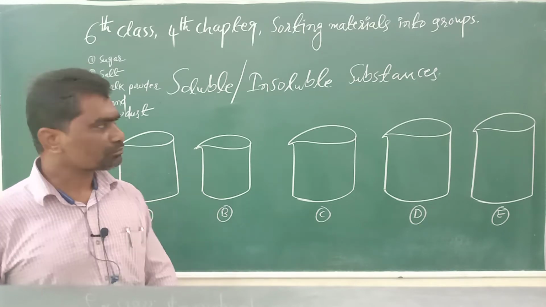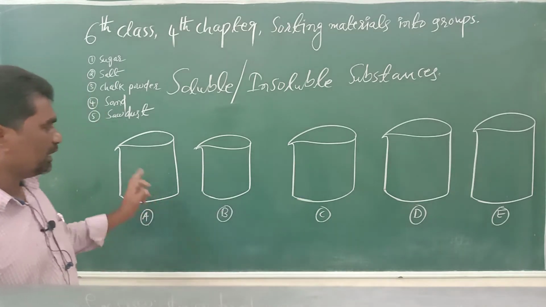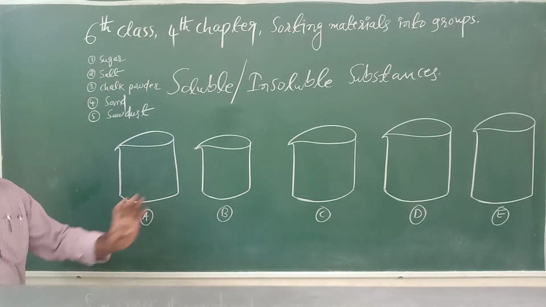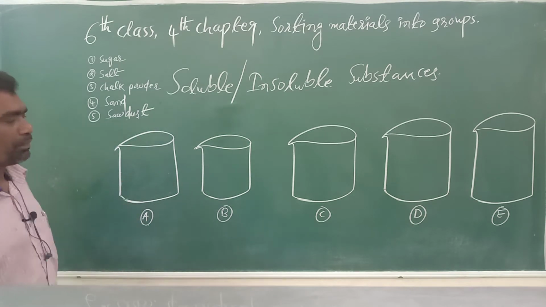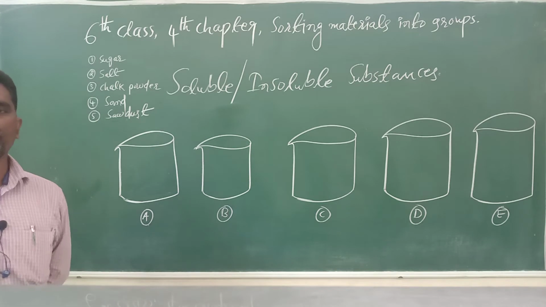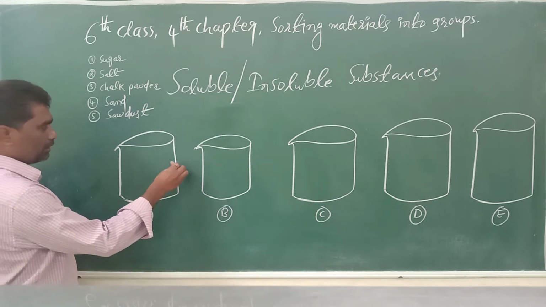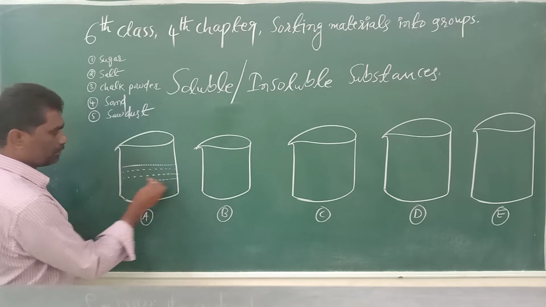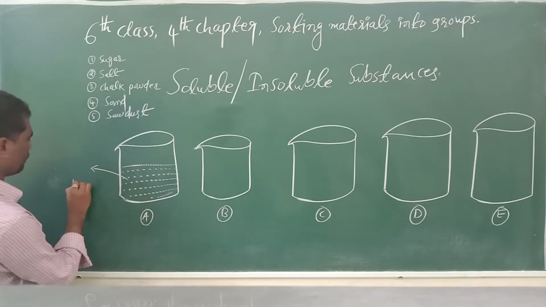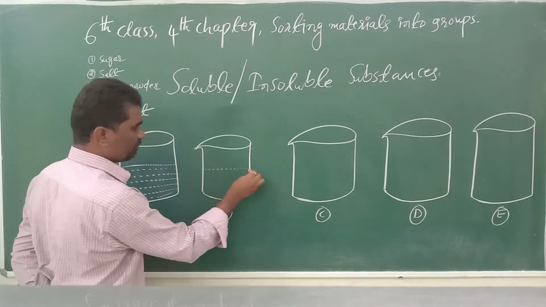Okay students, here we are taking 5 containers, A, B, C, D, E. All these 5 containers are filled with half of the portion with water. For example, this container is filled with water, and next this container is also filled with water.